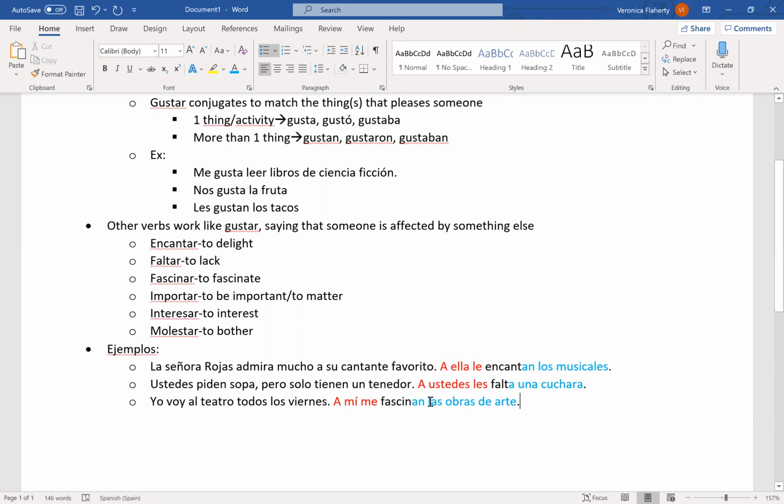So we're saying the works of art fascinate me. I go to the theater every Friday. This is wrong. The theater productions fascinate me. Teatro, obras de teatro. So plays, dramas.